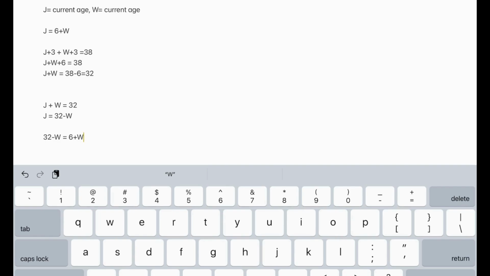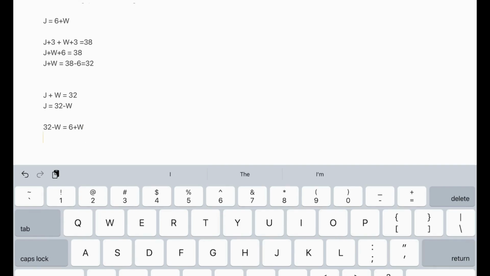Now I have to solve for the variable W. How should I do it? I want to get all the variables on one side and all the numbers on the other side. Since 32 is a larger number, I want to bring 6 to the left hand side, so I'll have a positive number. And then I have to take my W from left to right.